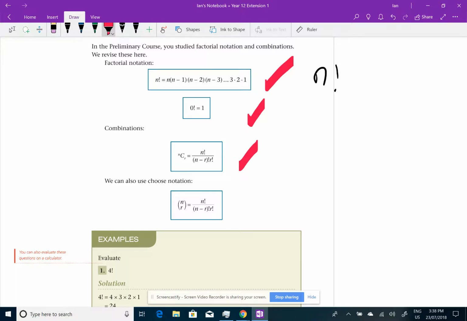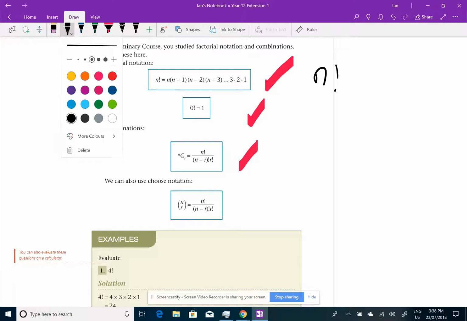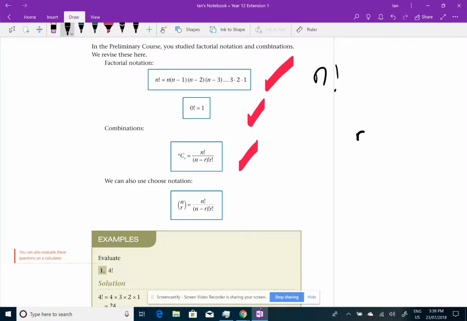Now, don't worry too much about permutations. If you were interested, the definition for a permutation, nPr, is n factorial over (n minus r) factorial.